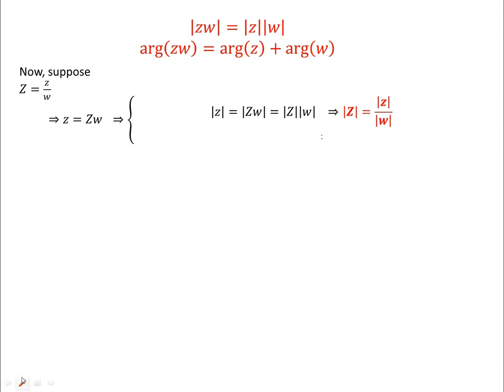What's more, we know that the argument of little z is the same thing as the argument of big Z times w. So that is the argument of big Z plus the argument of little w. And that rearranges to tell me that the argument of big Z is the argument of little z take away the argument of little w.